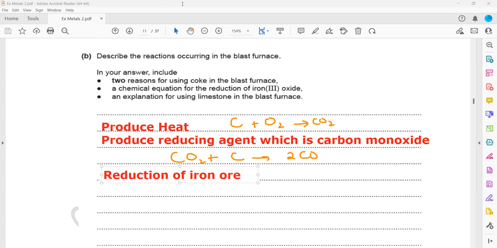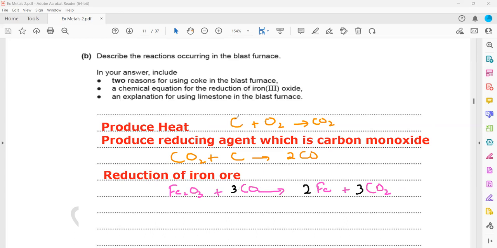So how is iron ore reduced? This iron ore, which is Fe2O3, reacts with carbon monoxide, which is a reducing agent, to produce iron metal plus carbon dioxide. Then we balance the equation. If we put 3 here, oxygen is 6. We put 3 here, oxygen is 6. And then iron is 2, so we put 2, iron is 2, and carbon is already 3. So this equation is balanced.